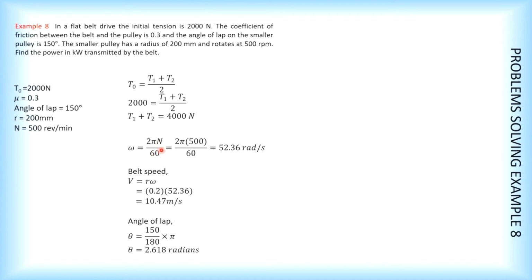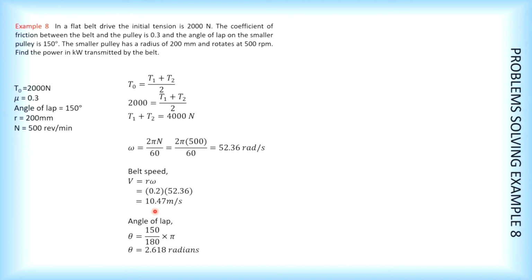The speed is 2 pi n over 60, which gives you the angular speed of 52.36 radians per second. So belt speed is r omega. The radius of the pulley is 0.2, and the speed is 52.36.